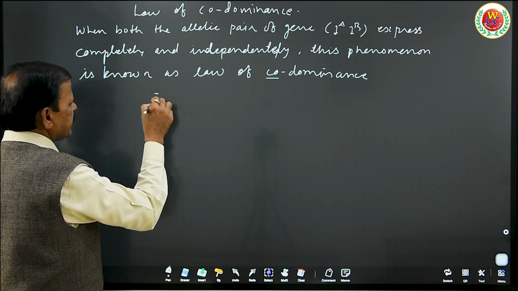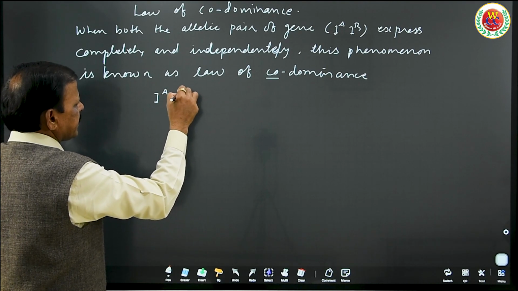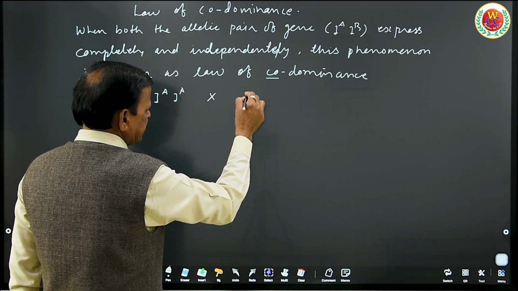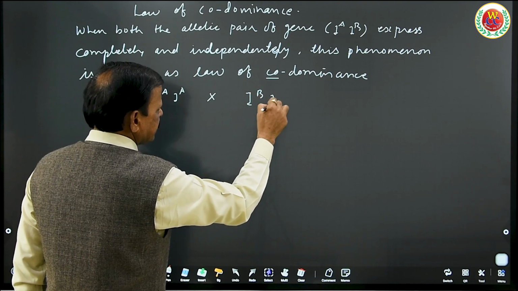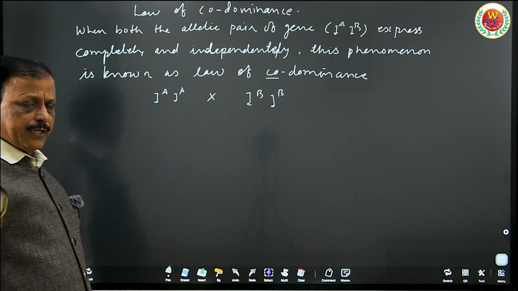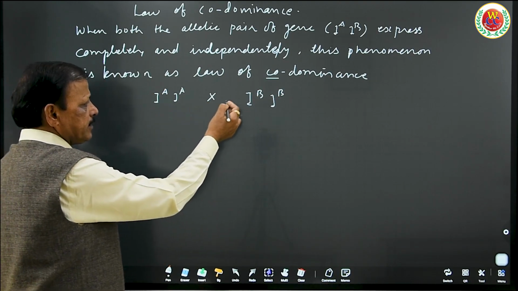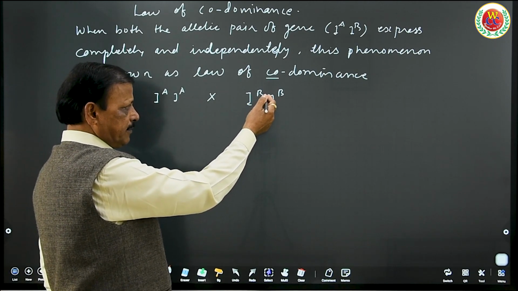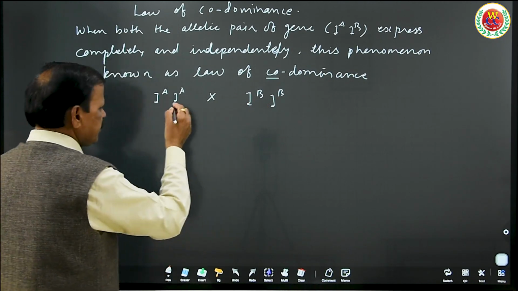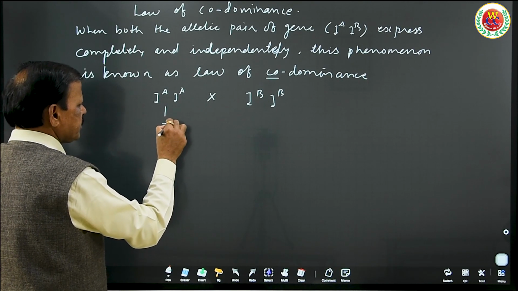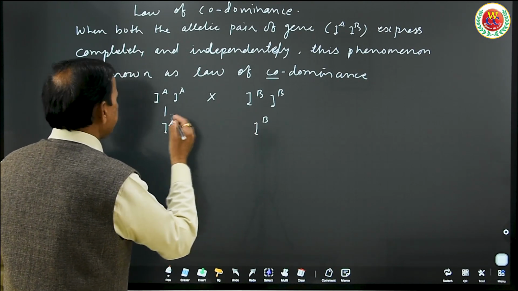For example, a male with blood group A, genotype IA, gets married to a female with blood group B, a pure trait, IB. They produce gametes IA and IB.